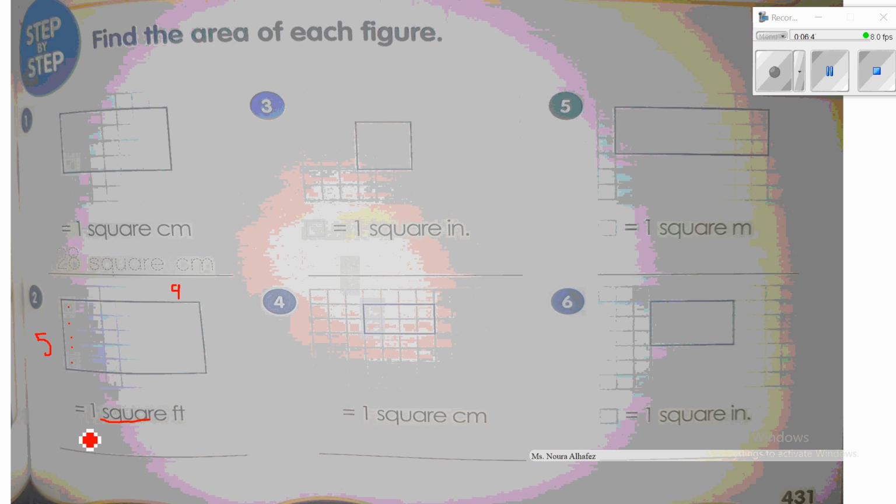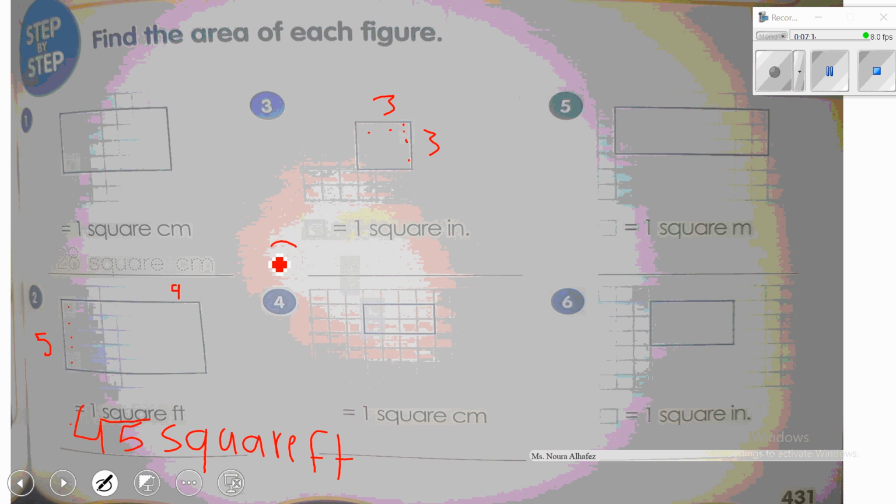Perfect, 45 square. Which unit do I have? Perfect, square feet. Now here 1, 2, 3, and here 1, 2, 3. 3 times 3 is 9. So 9, what's the unit here? Inch. So it's a square inch.